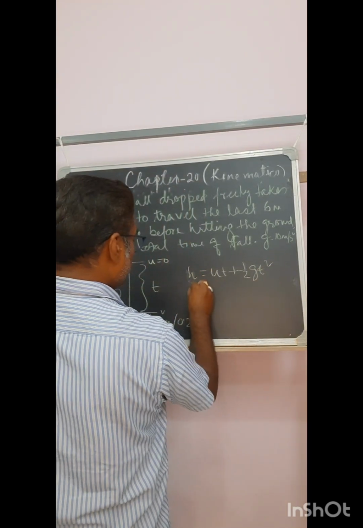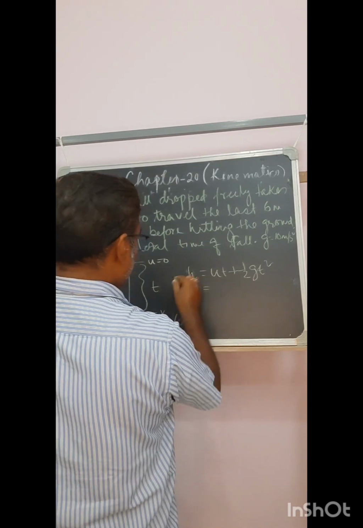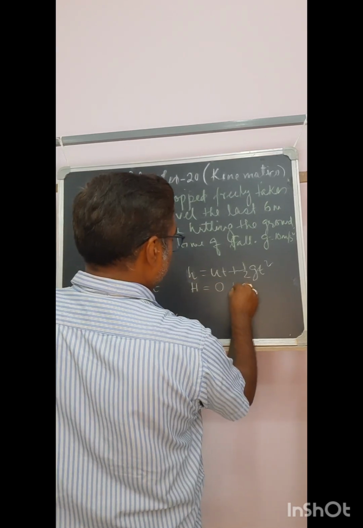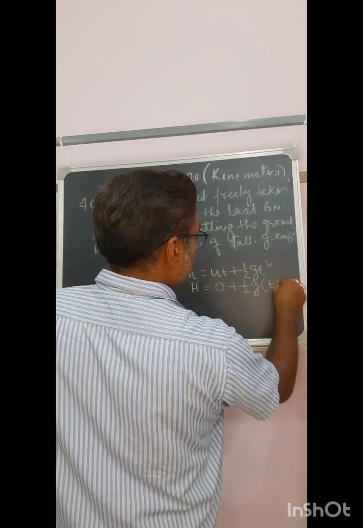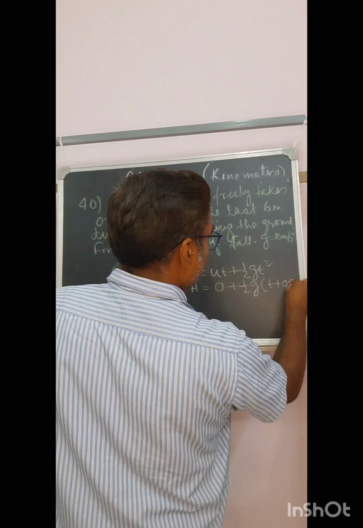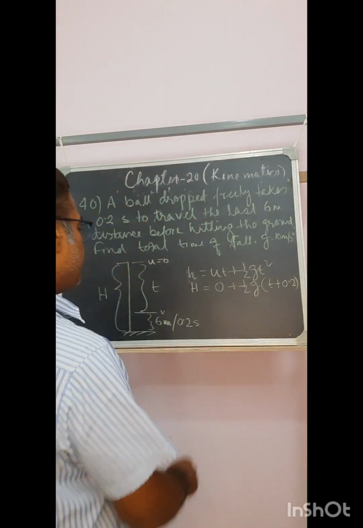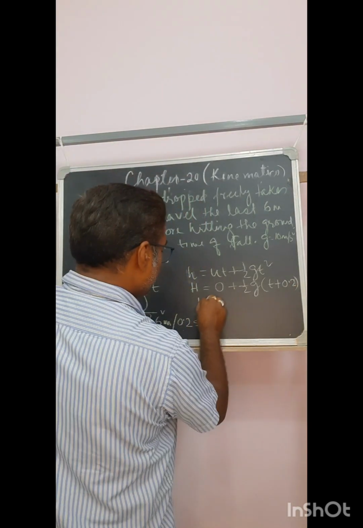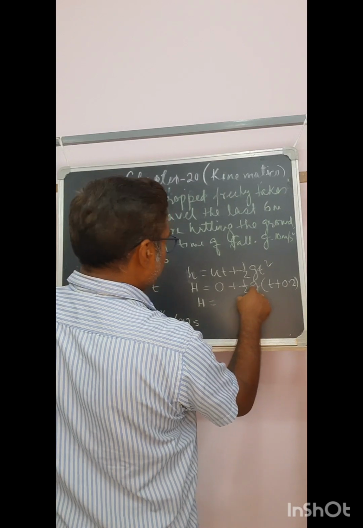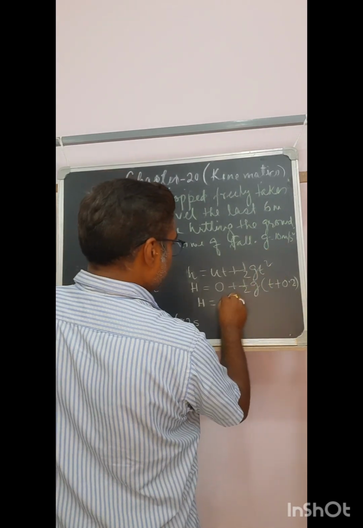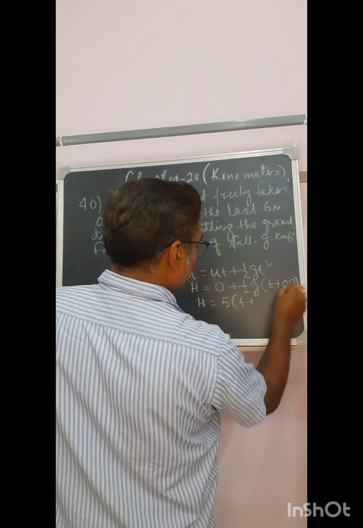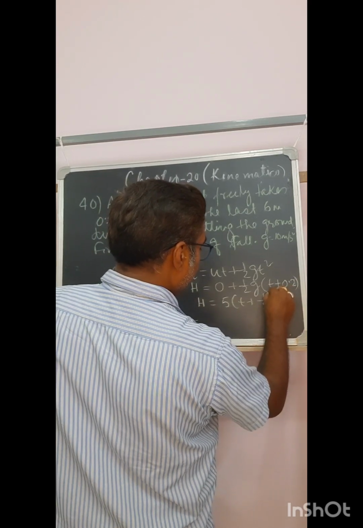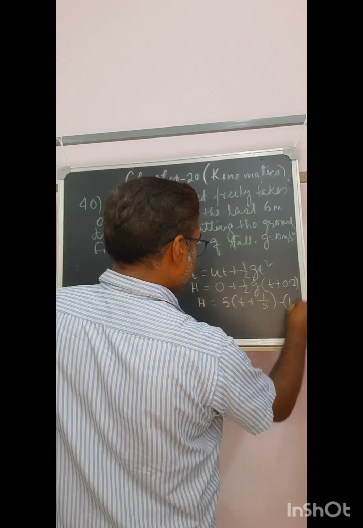So h is equal to u t, where u is 0, so this term is 0, plus half into g into t plus 0.2, the whole square. If I simplify, taking g as 10, this will be 5 into t plus 0.2, that means 1 by 5, whole square. Okay, this is the first equation.